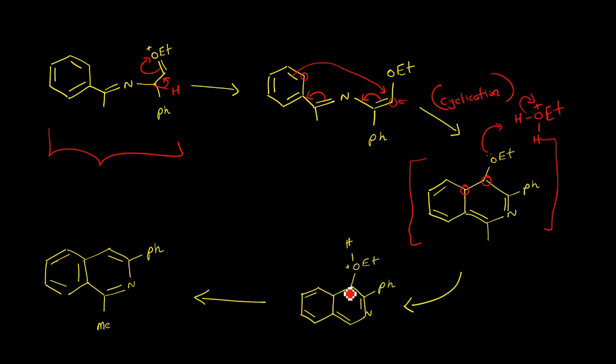Okay. Now there is a hydrogen atom over this place. So this bond will come over here to form a double bond, and this one shifts over here. When this shifts, you can see the bond between the oxygen and carbon is already being weakened. So this bond will be broken. Now we will have our isoquinoline.